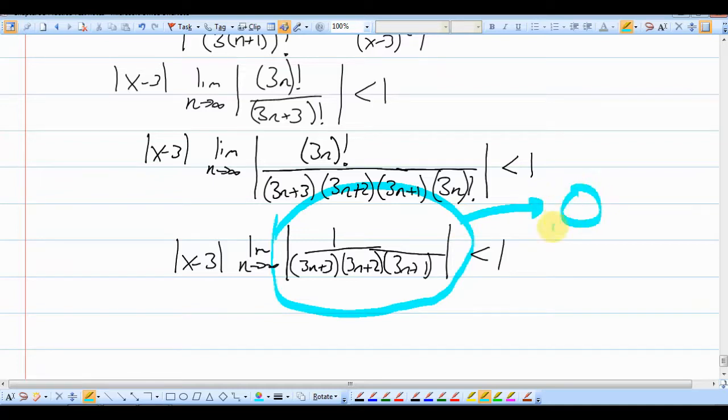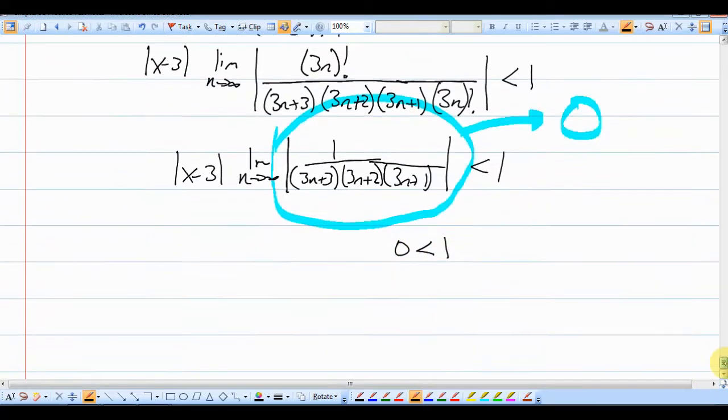This limit is 0. So we get 0 is less than 1. Whenever you get 0 or a number less than 1, the conclusion is the series converges for all real numbers.